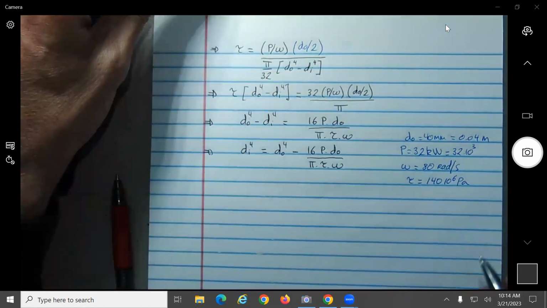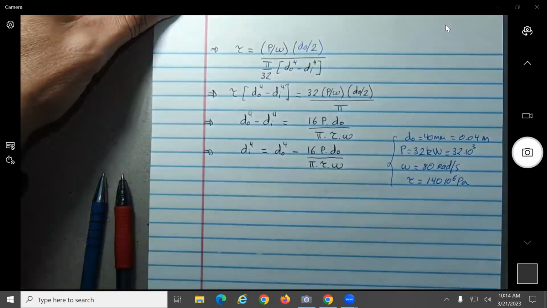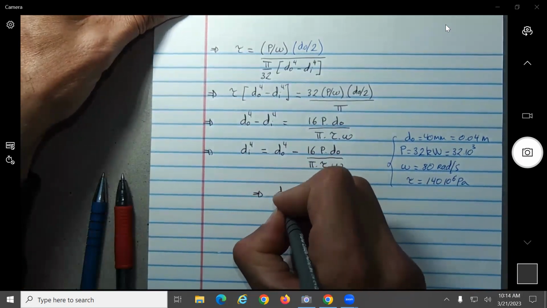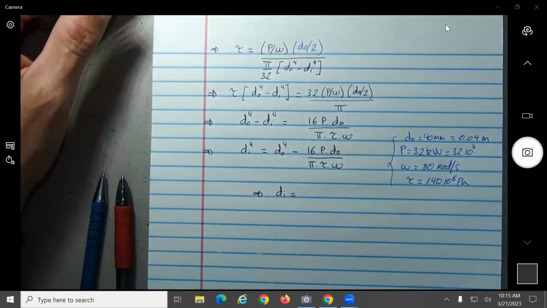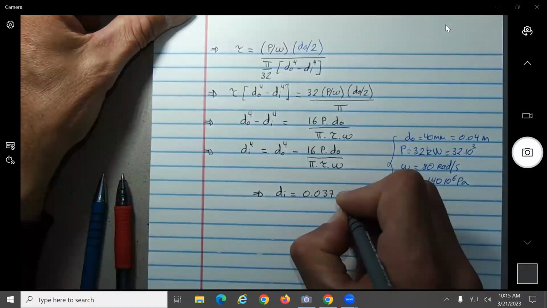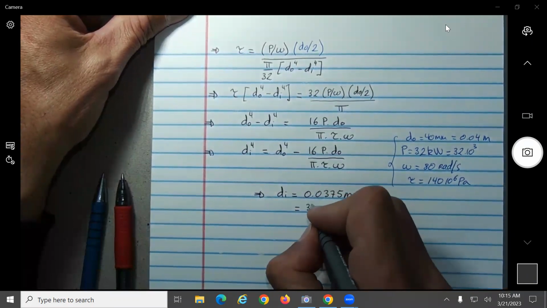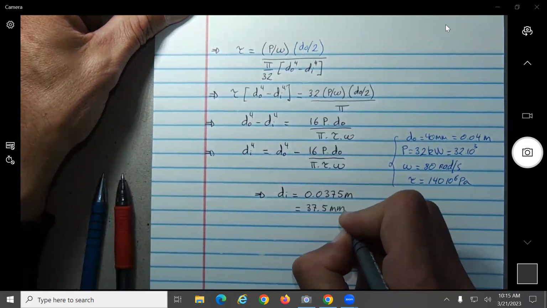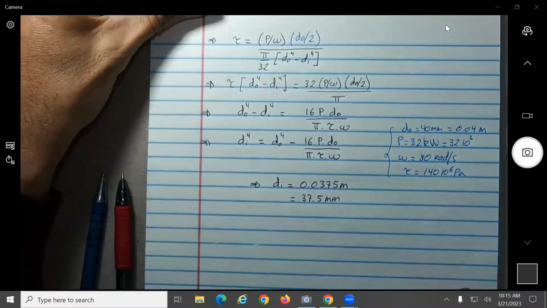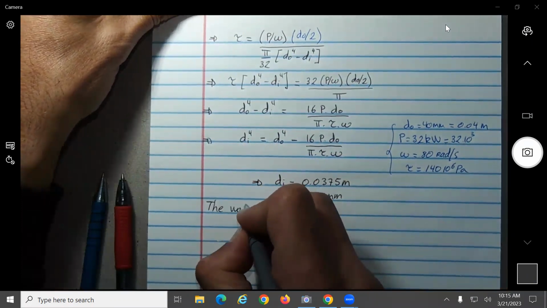So if you do the substitution of all this data over here and you take the root to the power 4, it should give you that the inside diameter should be 0.0375 meters, which is approximately 37.5 millimeters.